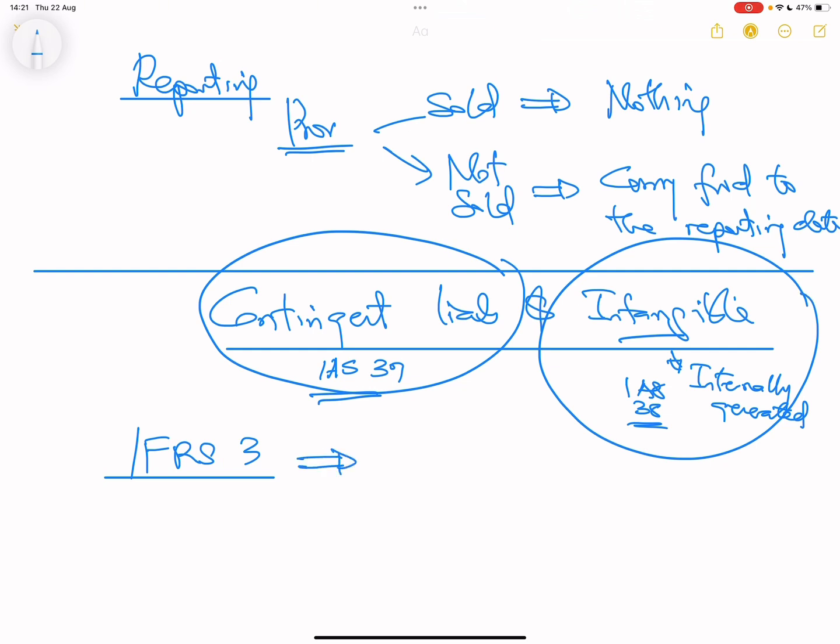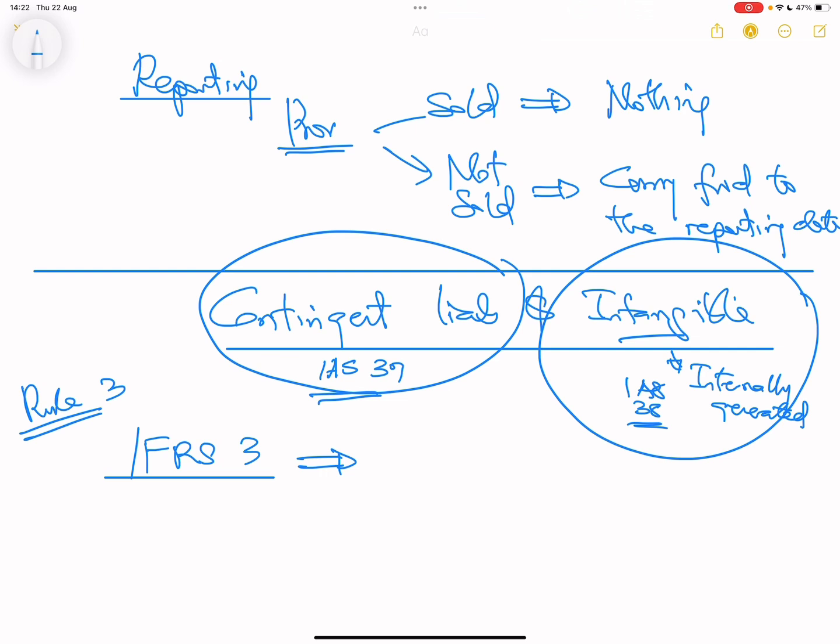So you have another rule that I'm saying here. So this is rule 3. Rule 1 is measured at fair value always. Rule 2, make adjustments to reporting date if the item still exists at reporting date. And rule 3 is recognize contingent liability and all internally generated intangibles.